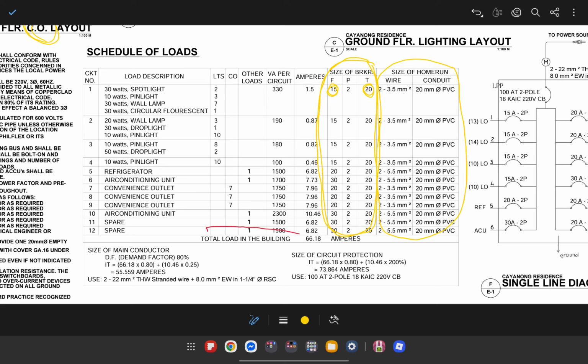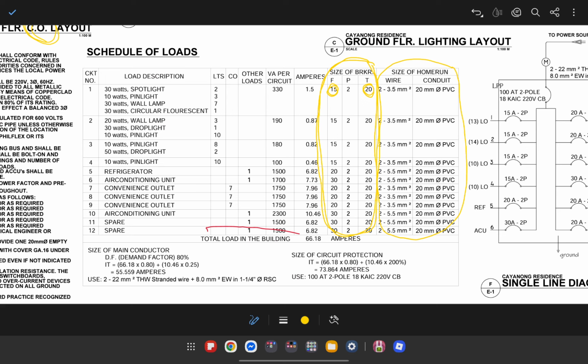So as long as the load of one circuit breaker does not go beyond a 15 ampere load, then the circuit breaker will not trip off.